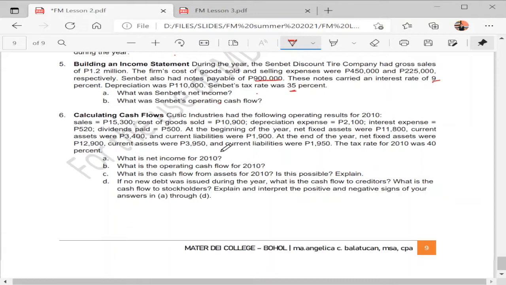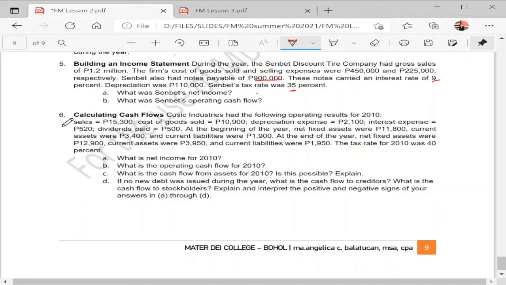Okay, almost the same as the example, except that we need to get the interest first, or we need to compute this one, unlike in the example wherein it's already provided. Question number 6. So this is similar to the illustration. What is the net income for 2010?